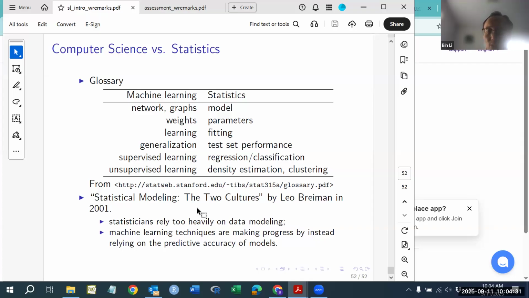So just read that, and you will have lots of insights. The main point from this paper is that statisticians rely too heavily on data modeling. And these statisticians are the traditional statisticians. Nowadays it changes, okay? But machine learning techniques are making progress by instead relying on the predictive accuracy of the models.